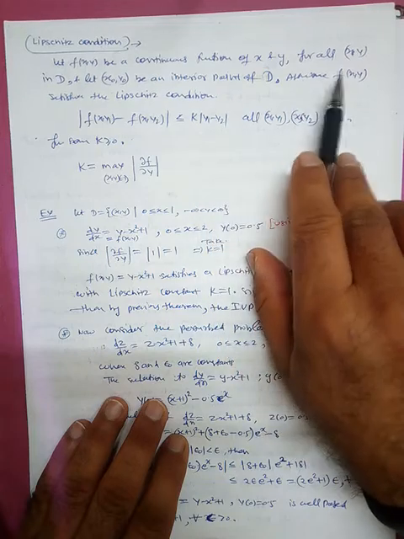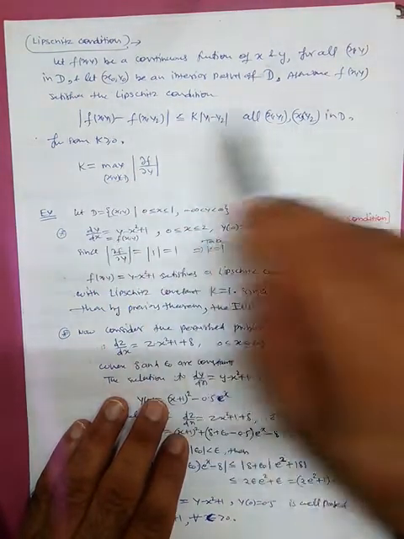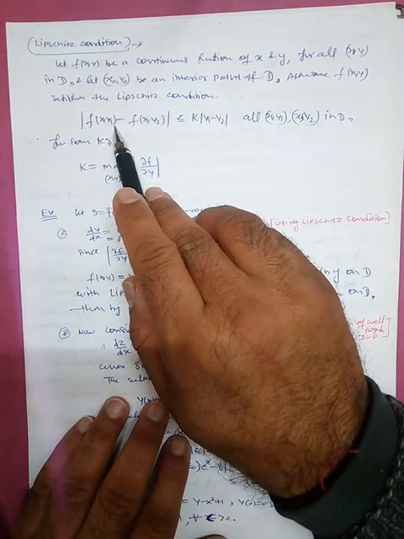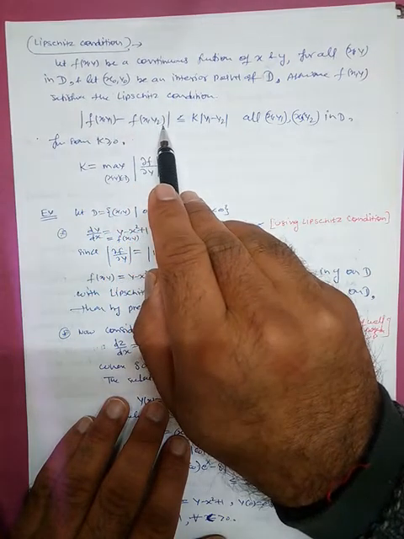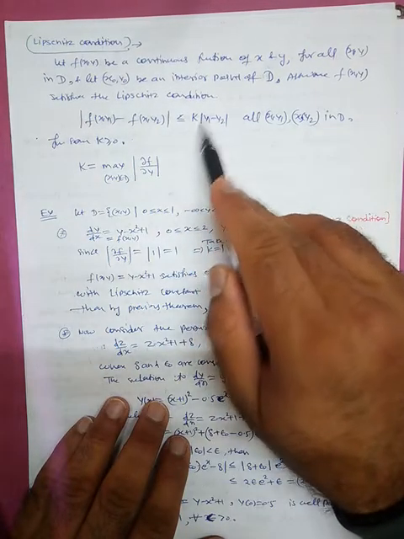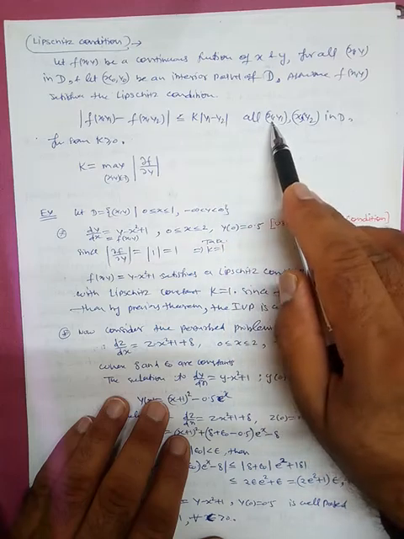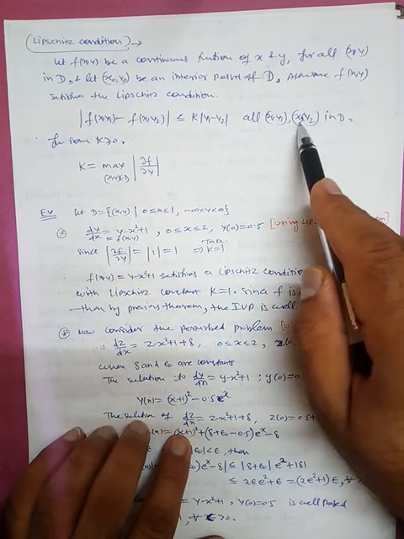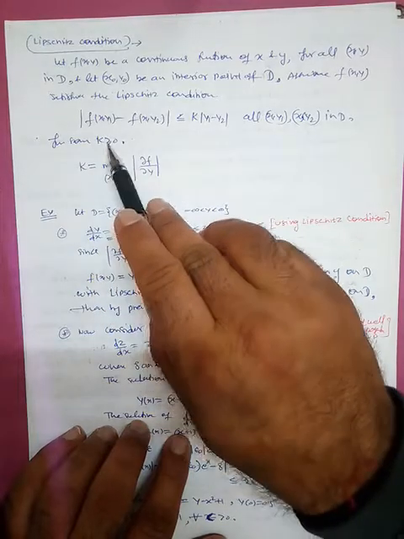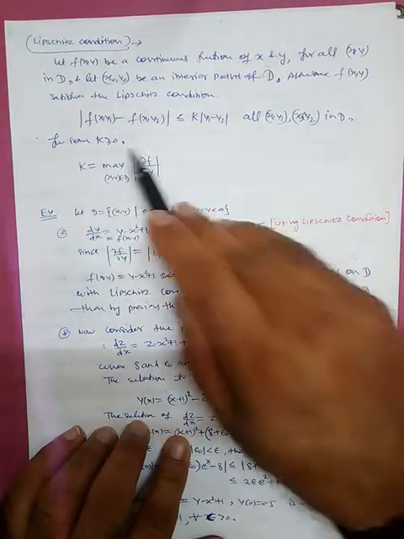So assume that the function satisfies the Lipschitz condition, then this condition holds: the magnitude of f(x, y1) minus f(x, y2) should be less than or equal to k times the magnitude of y1 minus y2. This is valid for all points (x, y1), (x, y2) in domain D for some constant k greater than or equal to 0, where k is basically given by this constant.